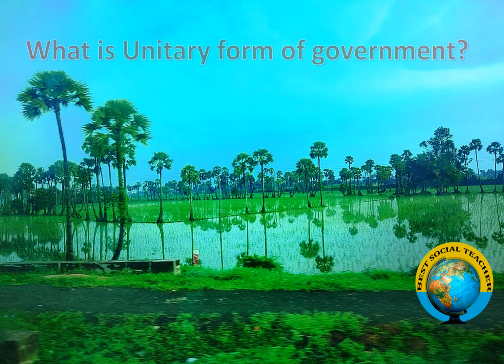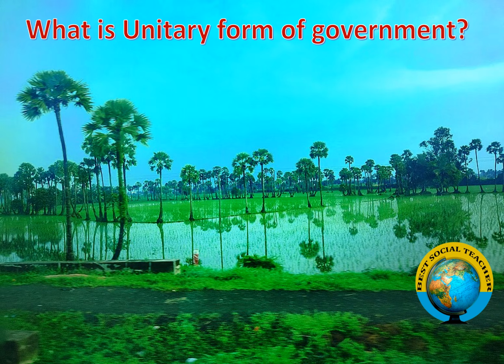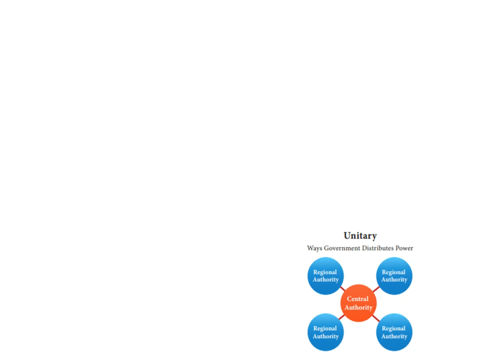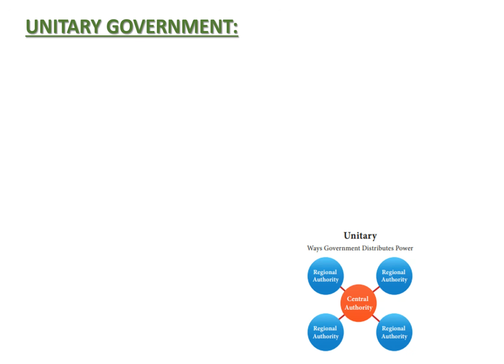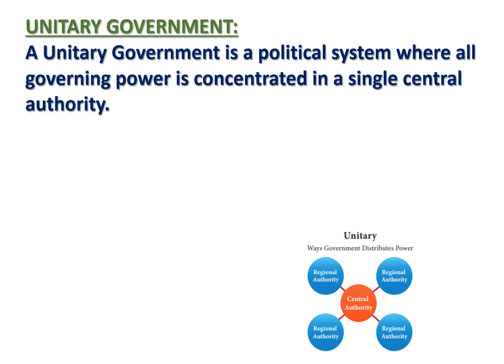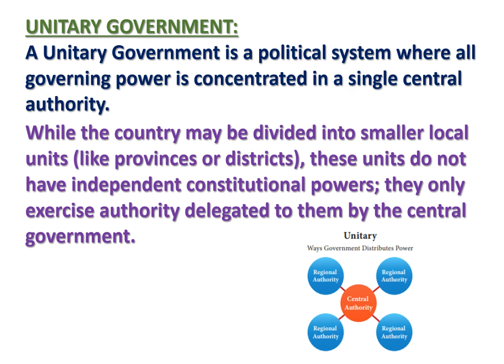Next, what is the unitary form of government? This is the second form we have to learn. A unitary government is a political system where all governing power is concentrated in a single central authority. That means only the central government, a single central authority, will have all the powers in the system.